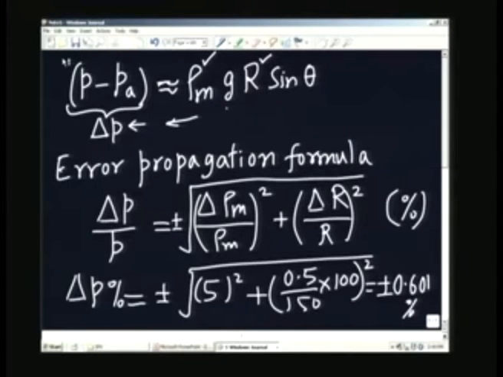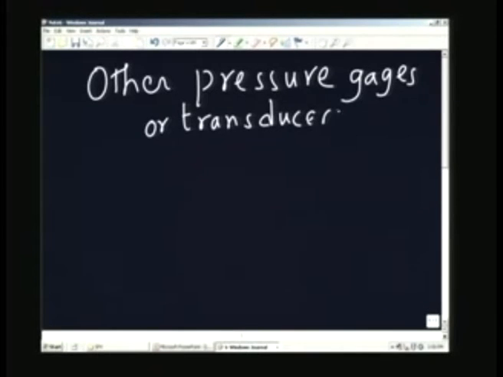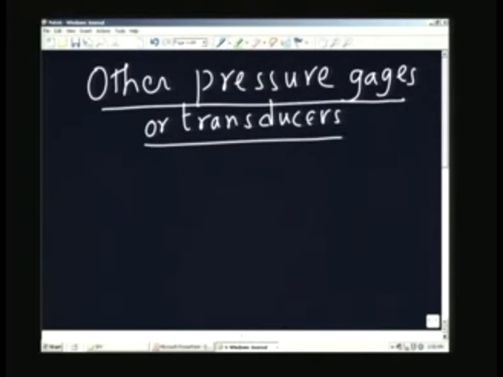So, other methods of measuring, I will simply say other pressure gauges or transducers. Let me just look at the principle of operation of several different types of pressure gauges. One by one we are going to go.